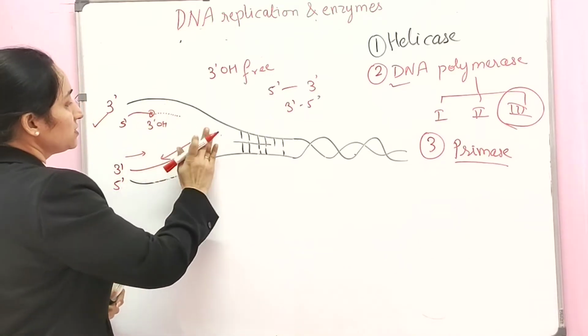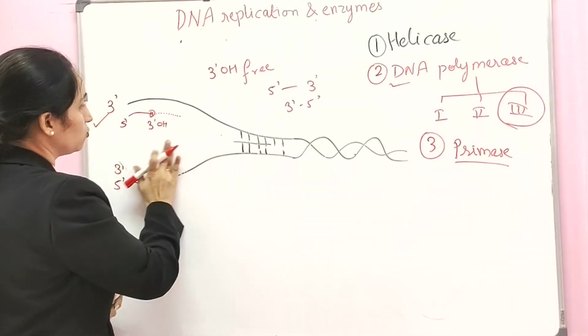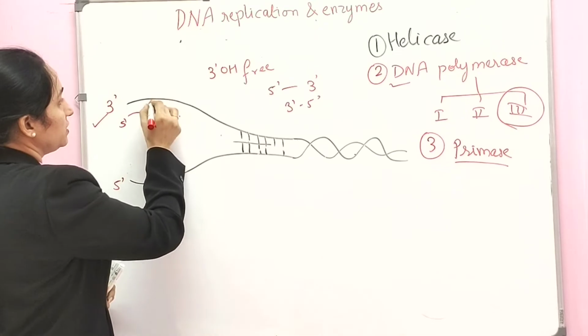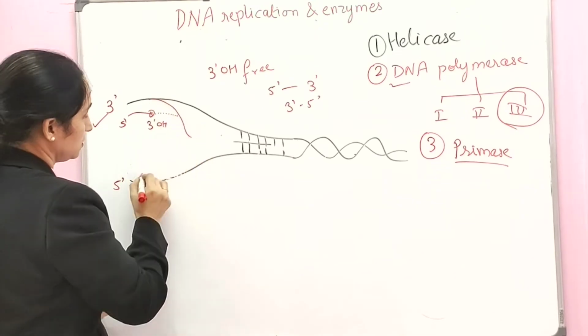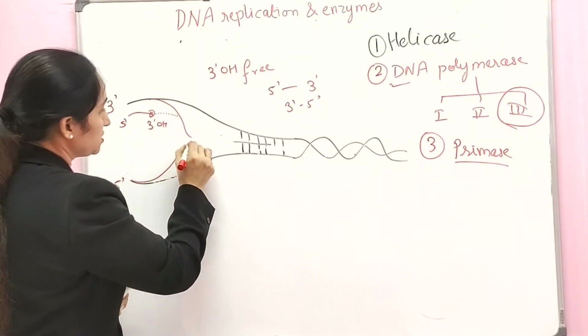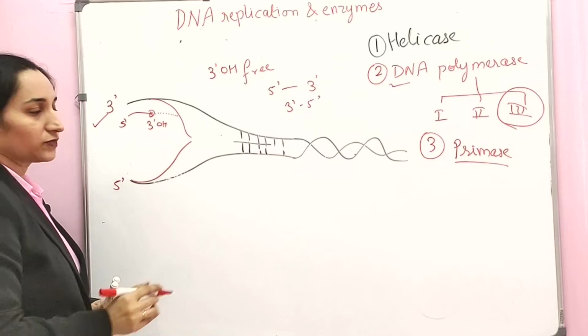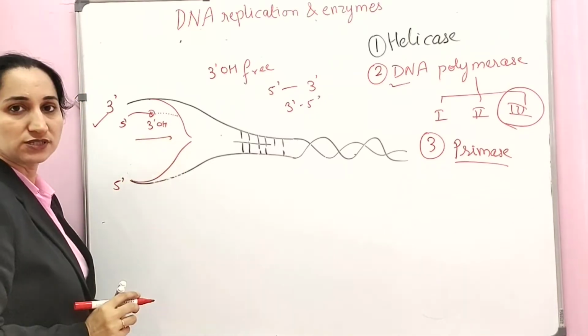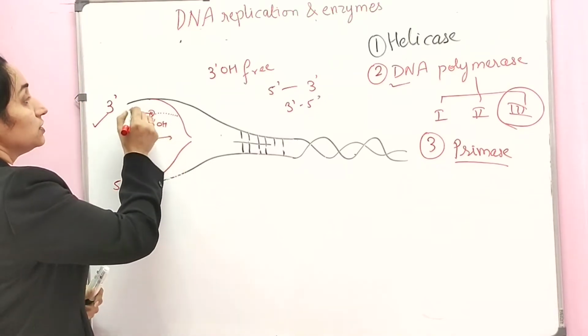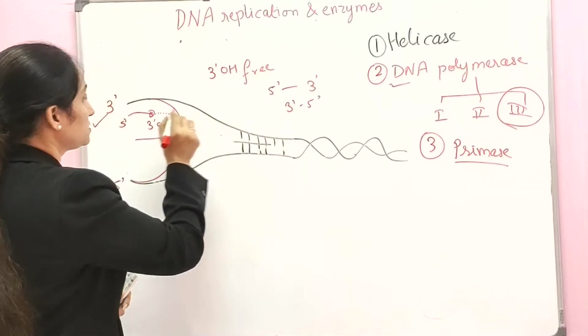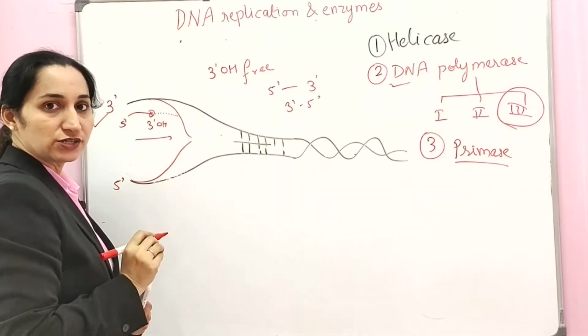So let us suppose up till now this much of the fork is formed, only this many hydrogen bonds are broken. Okay. Now this DNA polymerase 3 will work properly in this direction.